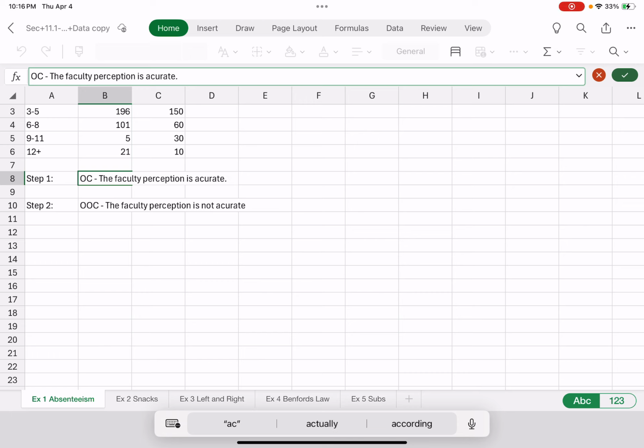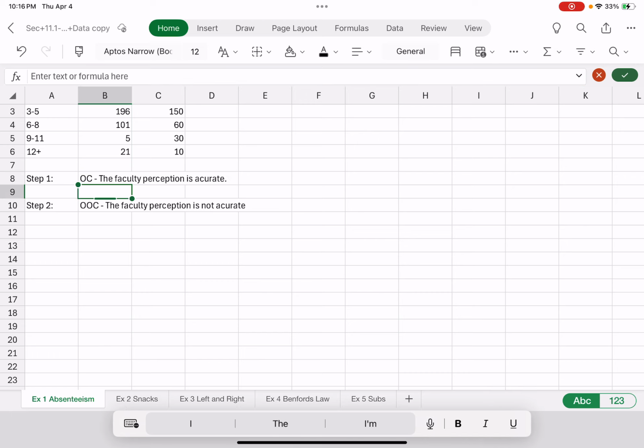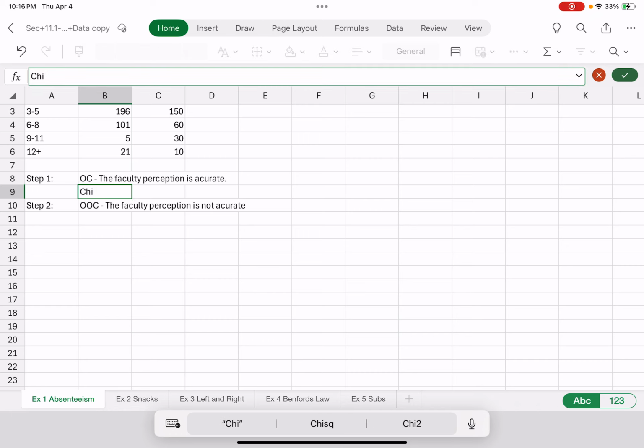Okay, anyway, you'll have to forgive me if I spelled it wrong. Now, as we talked about, this is equivalent to chi squared equaling 0. So the faculty perception... the actual chi squared, right?